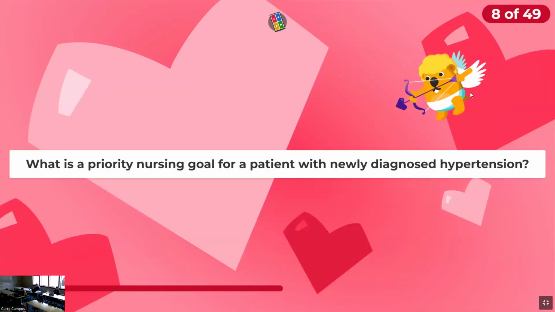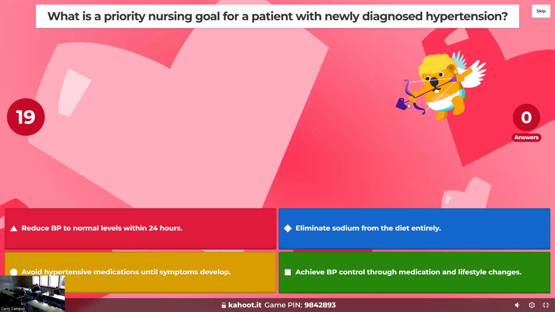And what is the priority nursing goal for a patient with newly diagnosed hypertension? And the bottom one is avoid hypertensive medications until symptoms develop.